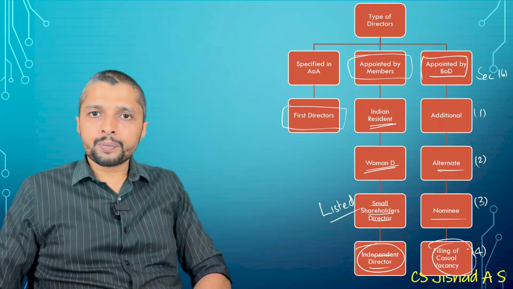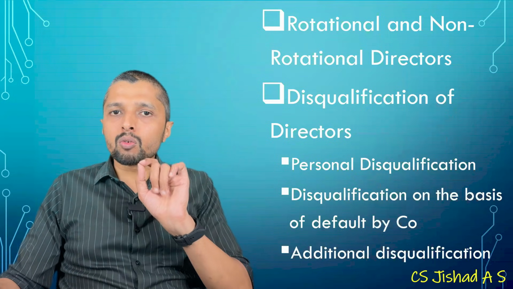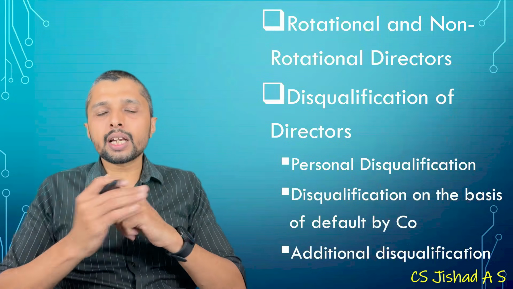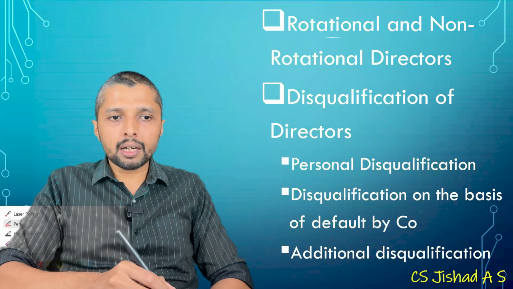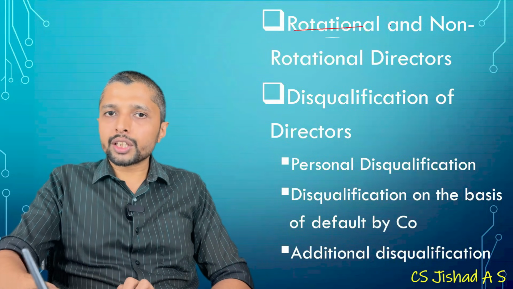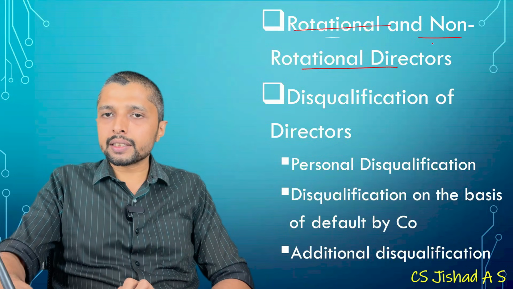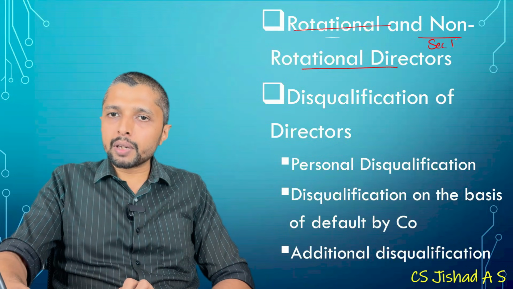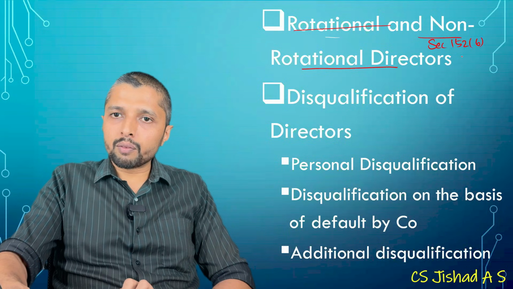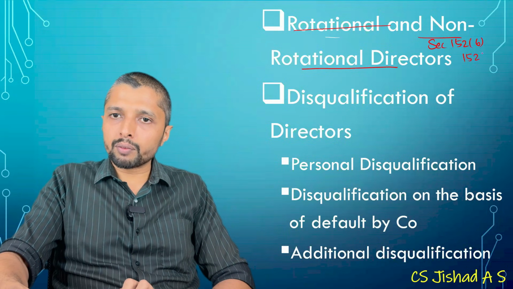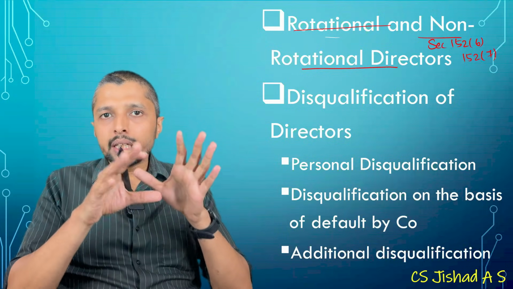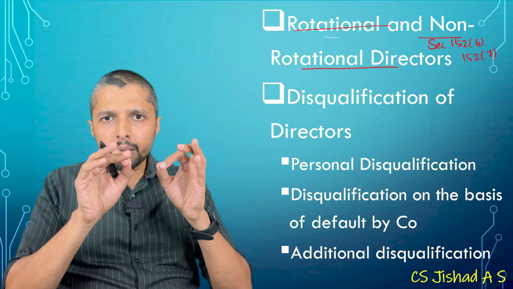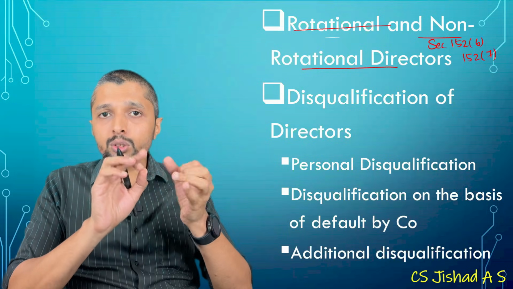Then we will move to the concept of rotational and non-rotational directors, which is applicable for public companies only. Section 152 subsection 6 and 152 subsection 7. In a public company, a minimum of 2/3 of the directors are to be rotational.